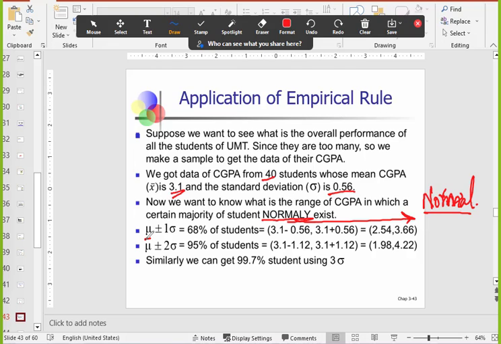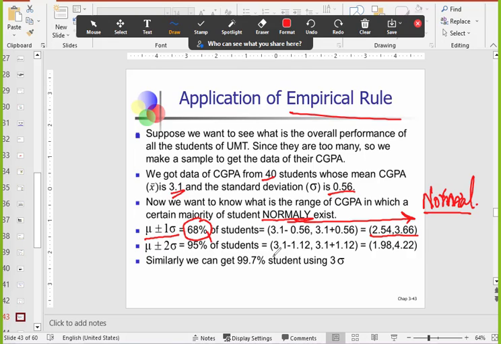If we calculate mu plus minus 1 sigma, the empirical rule says that 68% of students will have a GPA in between this range. We calculated the answer: 2.54 to 3.66. So according to the empirical rule, if the data is normal in the population, 68% of students will have a GPA in this range.